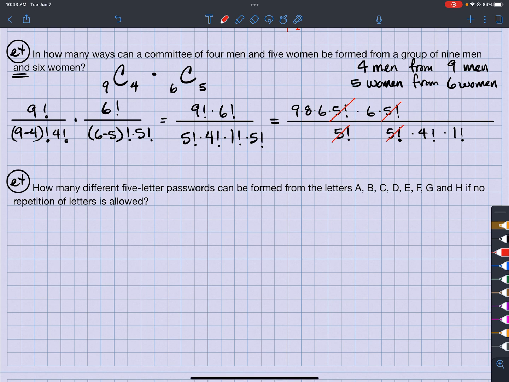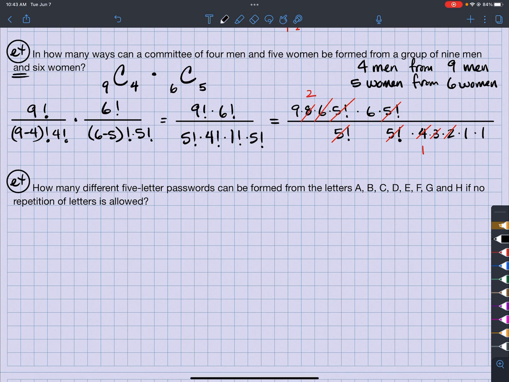In fact, maybe I should write the 4 factorial as 4 times 3 times 2 times 1, and then times 1 factorial for the 1. So 3 times 2 would give me 6. 4 goes into 4 once, and goes into 8 twice.